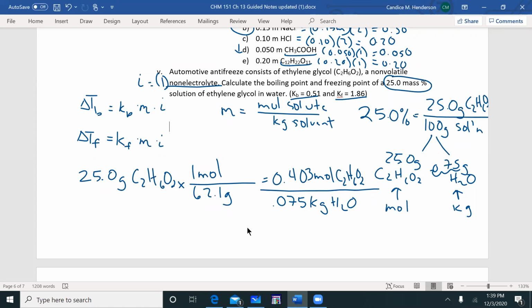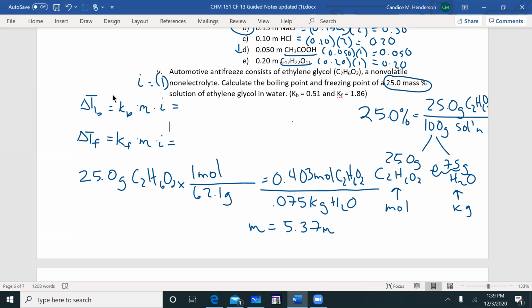So my molality, which is these two numbers divided by each other, is 5.37 little m. Make a little space here. So now we can go back to these two and figure out our change in boiling and our change in freezing.